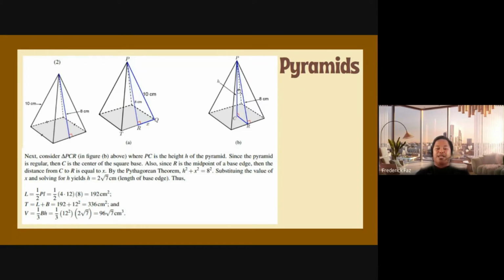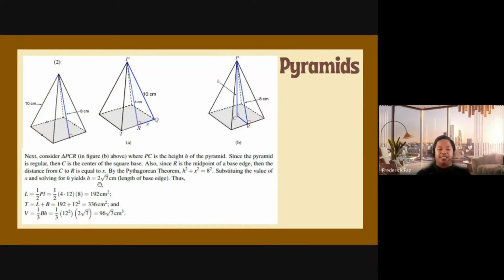And we can find the value of h by Pythagorean theorem. So, h squared plus x squared is equal to 8 squared. And we have here 2 square root of 7, since this is 8 squared minus 6 squared is equal to 64 minus 36, we have 28.